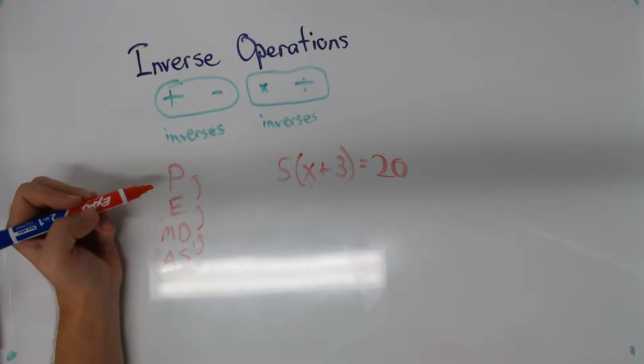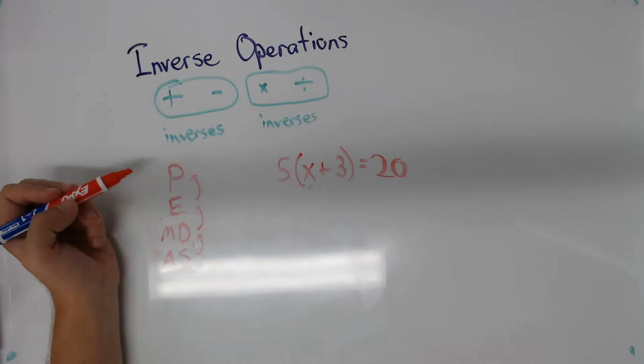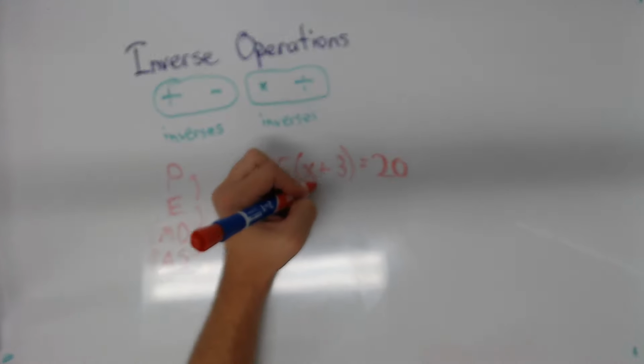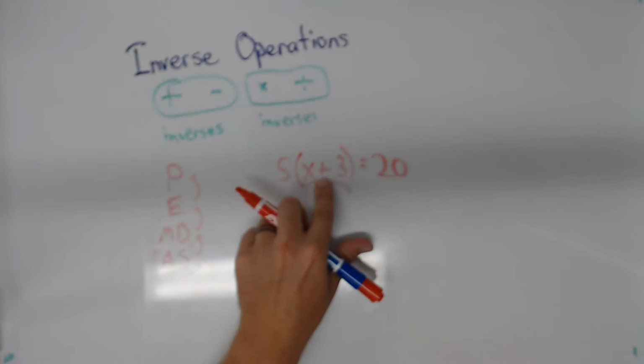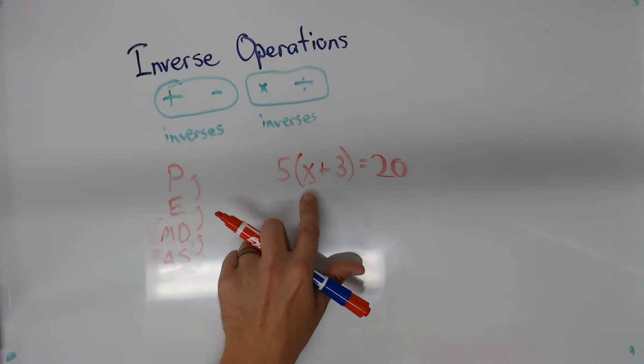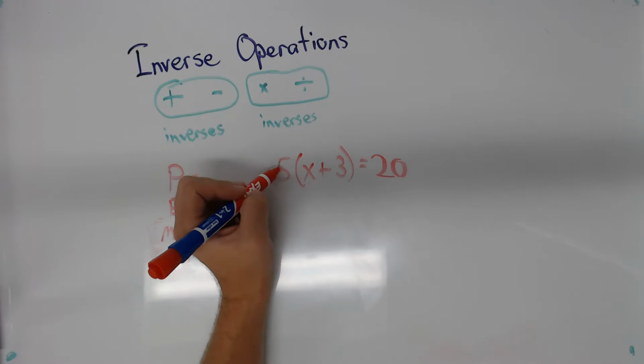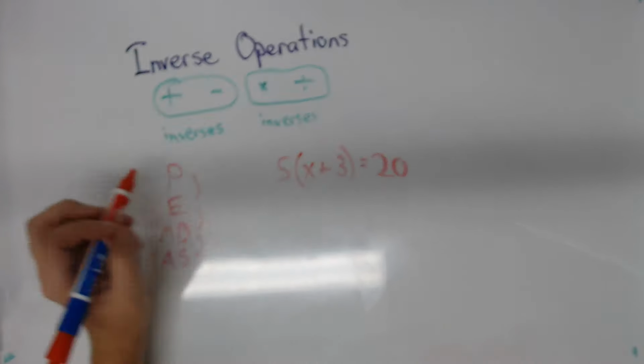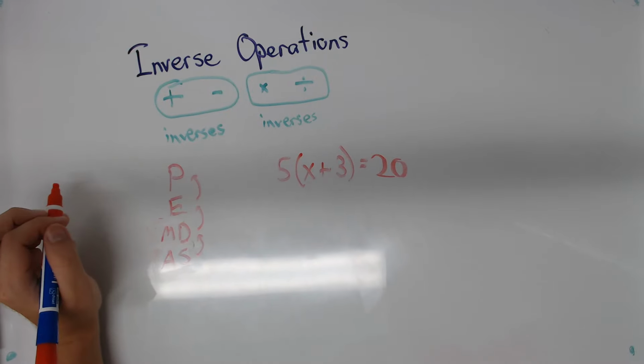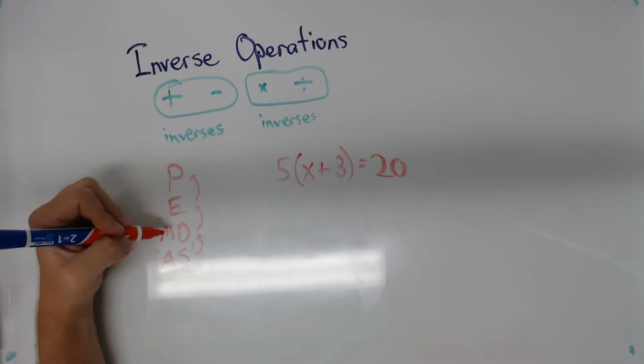Right now, is there anything that's added or subtracted that we can undo? You might think yes, but it's inside parentheses. It's kind of guarded. To open up that parentheses, we either distribute the 5 in or divide the 5 off of that side. So let's divide the 5.